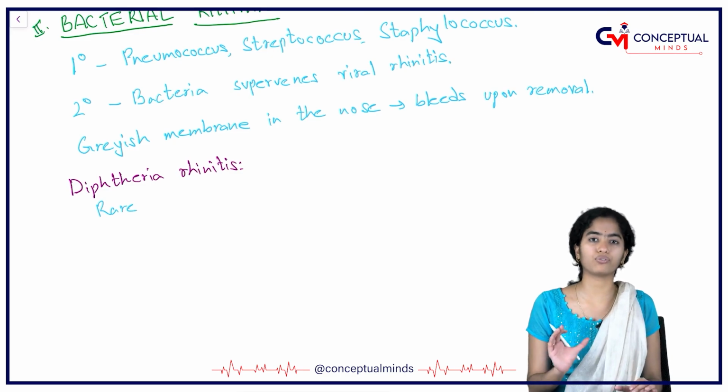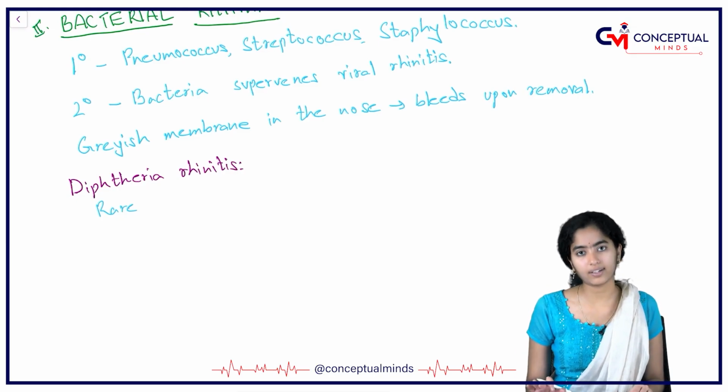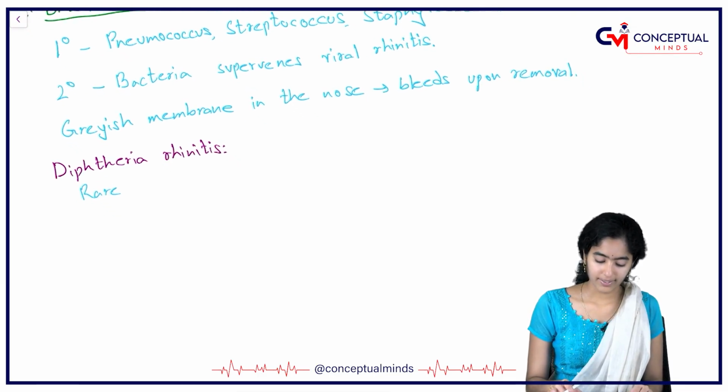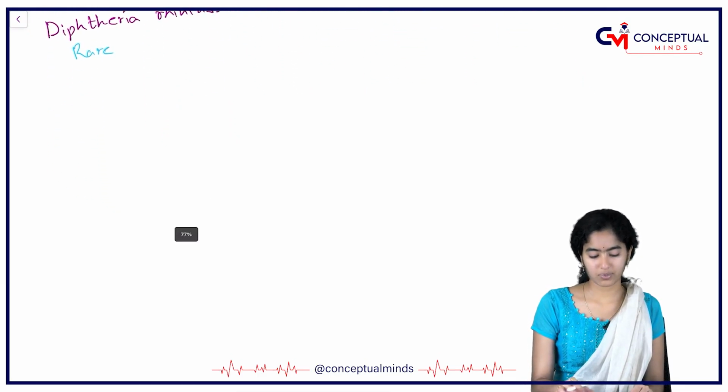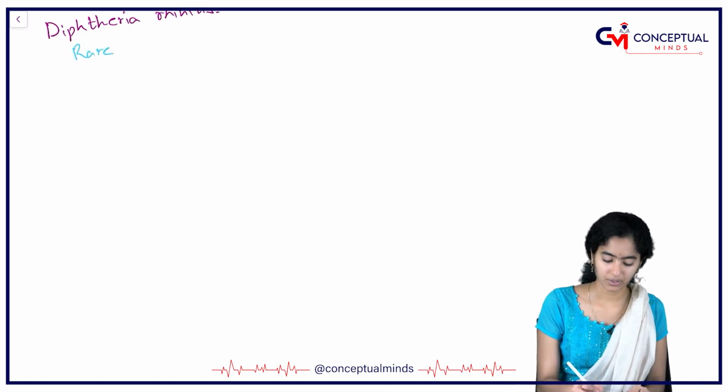It's more of an oropharynx area causing disease causing bacteria. But rarely it can cause rhinitis. And this is of two types. Primarily itself it can affect the nose, or secondarily first there is pharyngeal diphtheria and from there it has spread into the nose and it is causing diphtheric rhinitis.